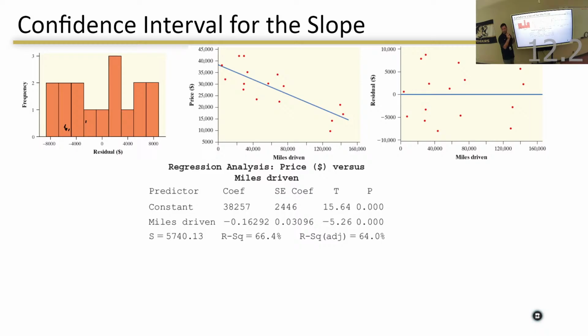They'll give you this information. They don't want you figuring it out. Here is the y-intercept. There is the slope. Here is r squared. Here is s. You can find r. Just remember that r is negative because the slope is negative.